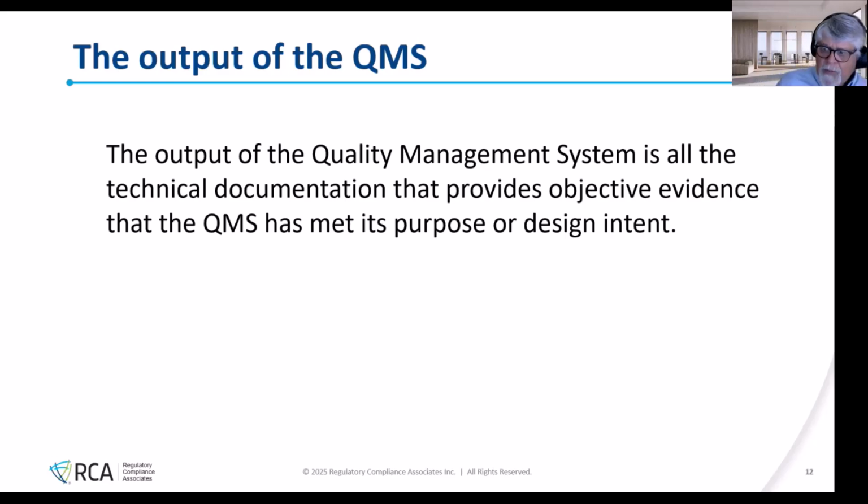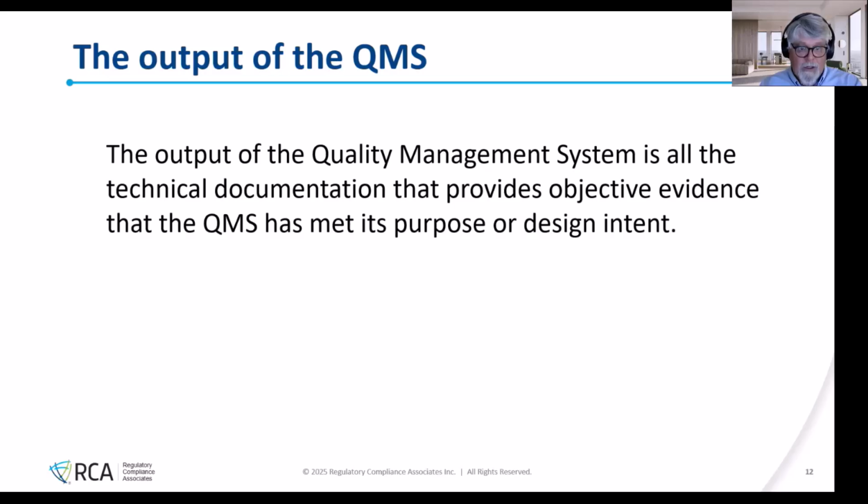Well, the output of the quality management system is all the technical documentation, quote, evidence that provides objective evidence that the QMS has met its purpose or design intent. It's all the technical documentation. It's a technical file or the technical documentation file, right?